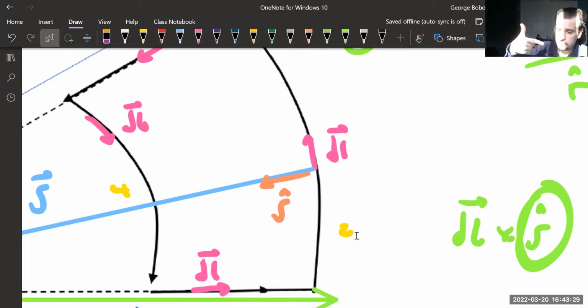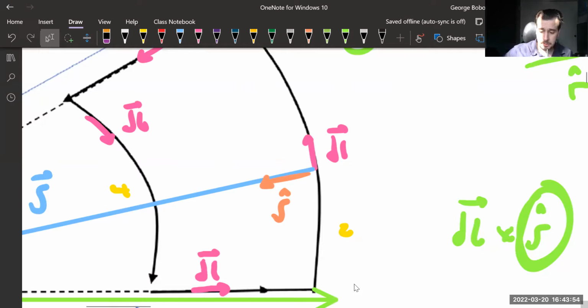Toward you or away from you? Those are the two options. Let me know. Toward or away? If you're unsure, you can also tell me that.